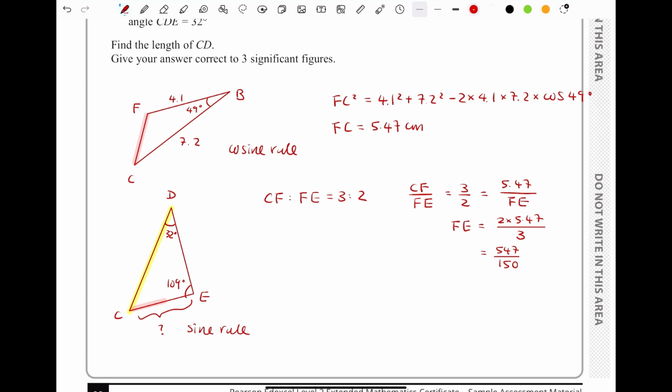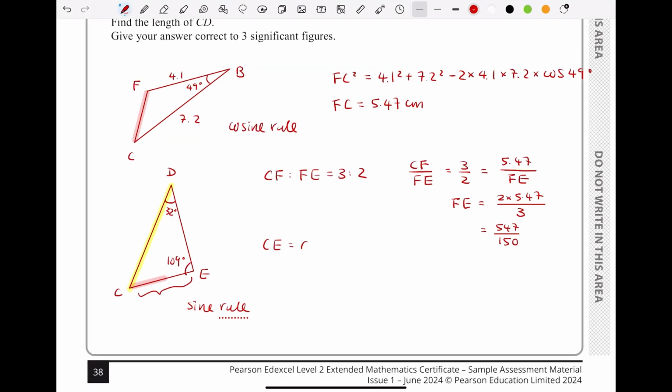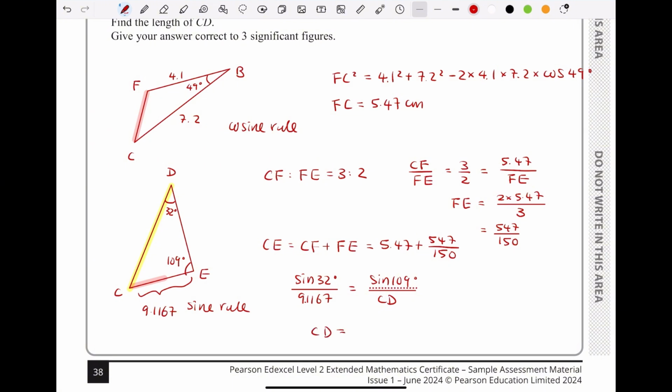Okay, now we also know CE is CF plus FE, which is 5.47 added to the fraction, and that should give us 9.1167. So CE is 9.1167. We also have the opposite angle, so we can use the sine rule to work out CD. And CD is 16.3, corrected to 3SF. Okay, so now let's move on to question 9.